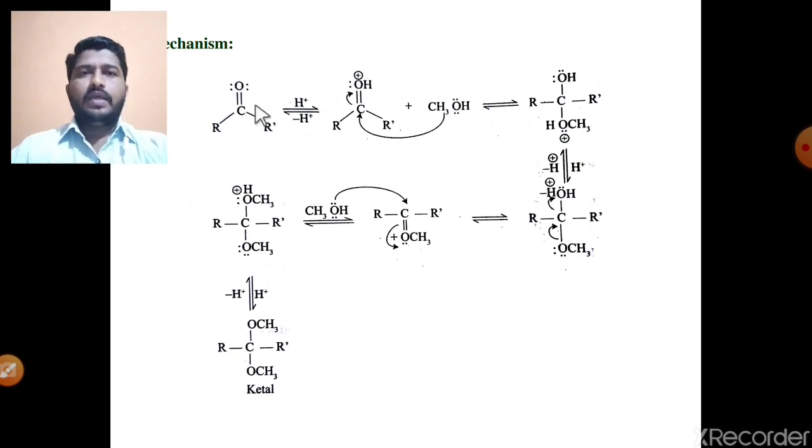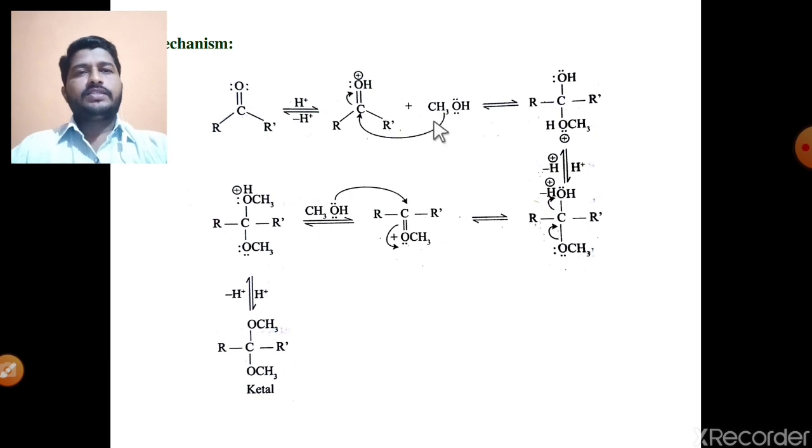First step: in the presence of this acid catalyst, protonation of oxygen takes place. The electron pair of this oxygen attacks the H+, meaning protonation of the oxygen takes place. At the same time, the carbonyl carbon becomes more reactive.